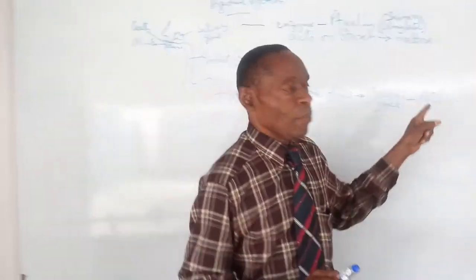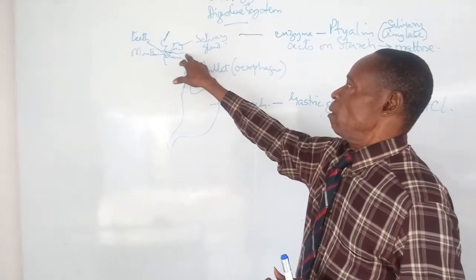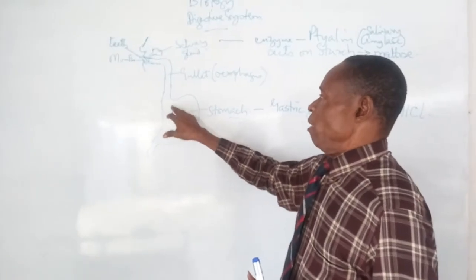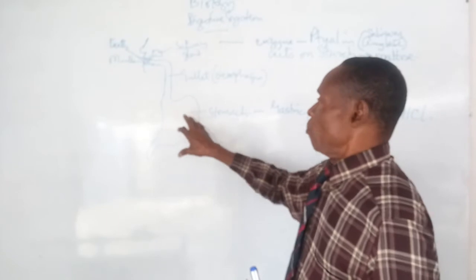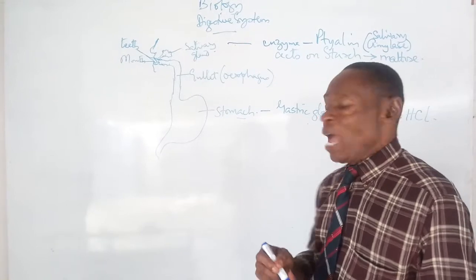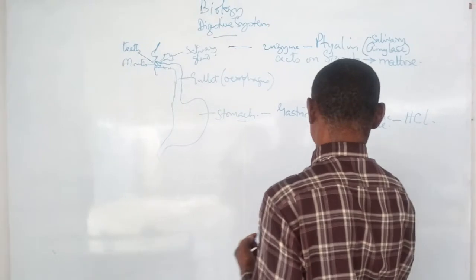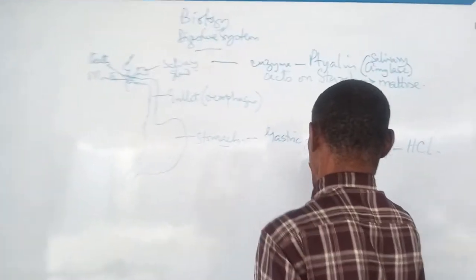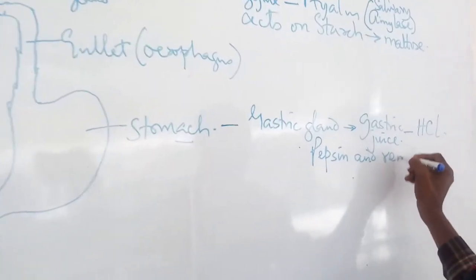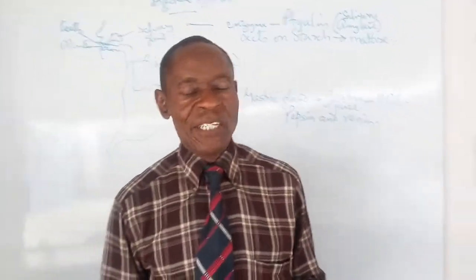Hydrochloric acid stops the action of the alkaline saliva that came in with the food, so that it now produces an acidic medium in which the enzymes in the stomach can act, because the enzymes act within an acidic medium. The gastric juice contains 2 enzymes, pepsin and renin. Pepsin and renin are protein enzymes.